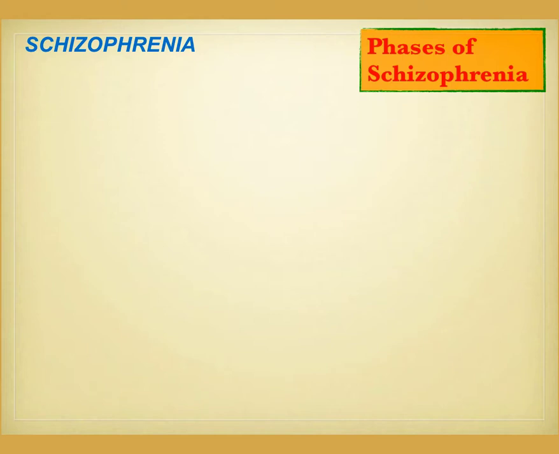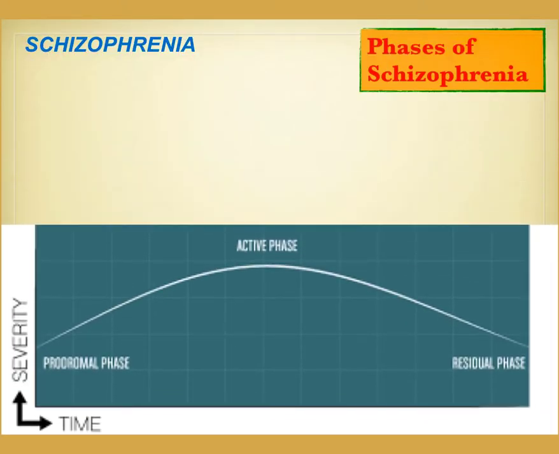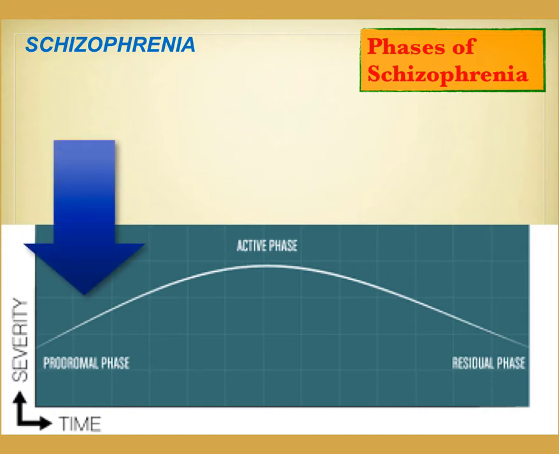Now, schizophrenia usually develops in late adolescence and early adulthood, and its onset may be abrupt or gradual. The period of deterioration preceding the onset of acute symptoms, those severe symptoms that we will recognize, the hallucinations and delusions, is what's called the prodromal phase, and you see that on the left.